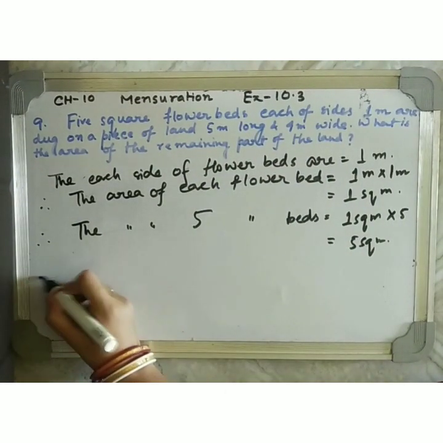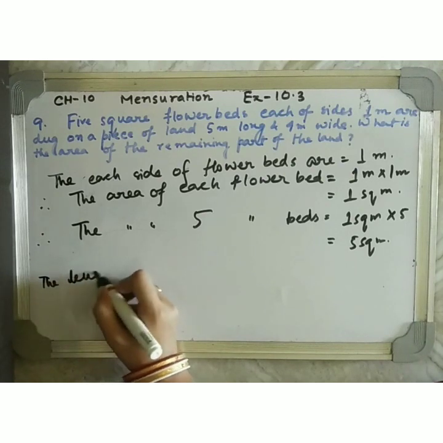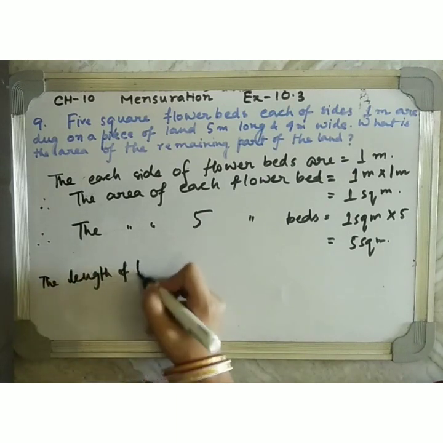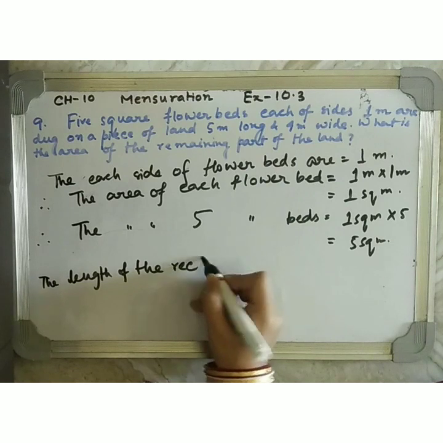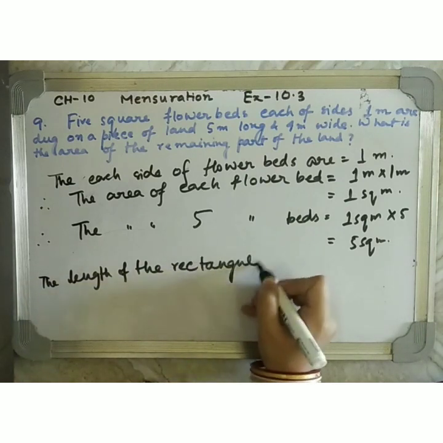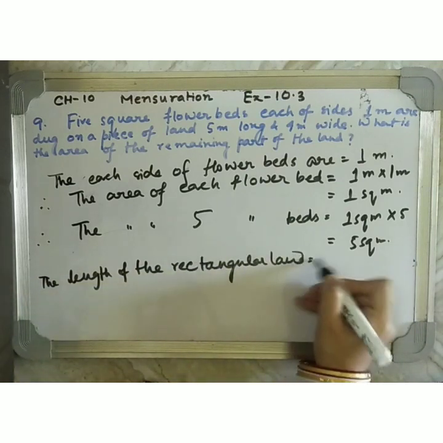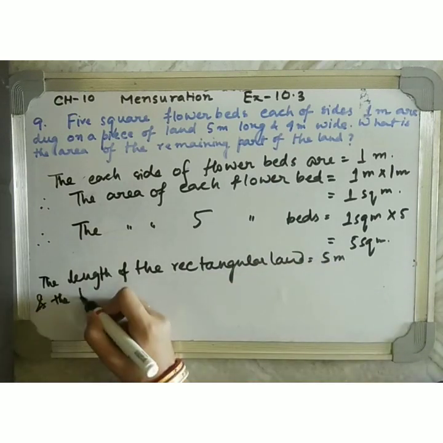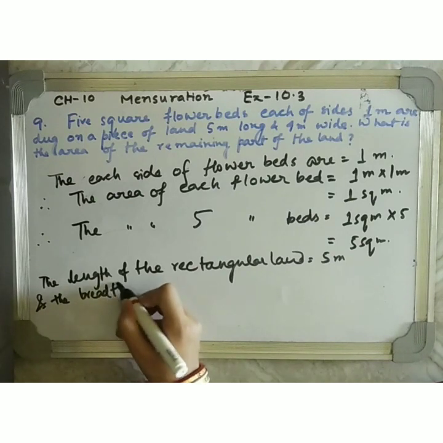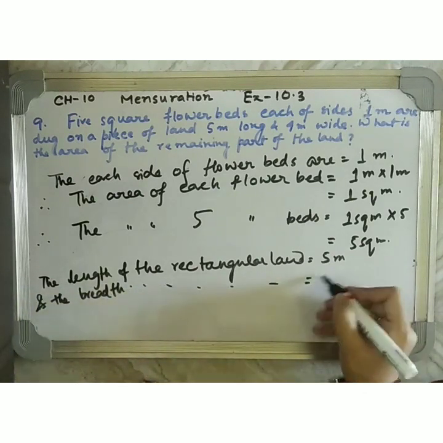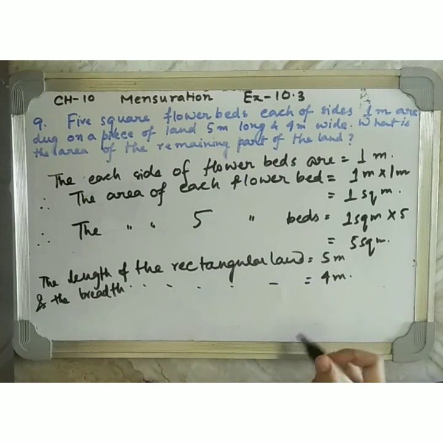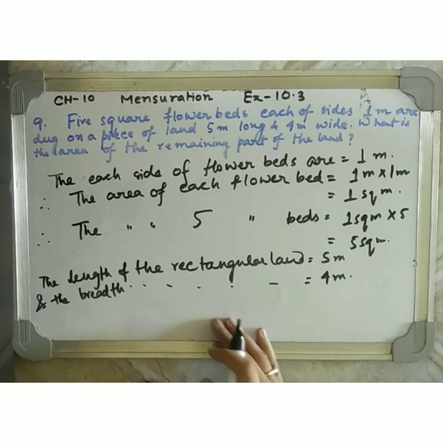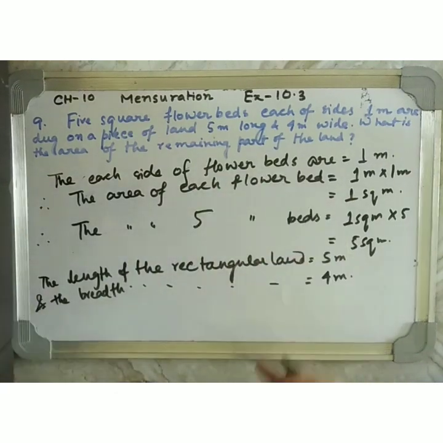Okay, so the length of the rectangular land is 5 meter and the breadth of the rectangular land is equal to 4 meter. So these 5 flower beds will be dug from this rectangular land, isn't it? So we also have to find the area of the rectangular land.